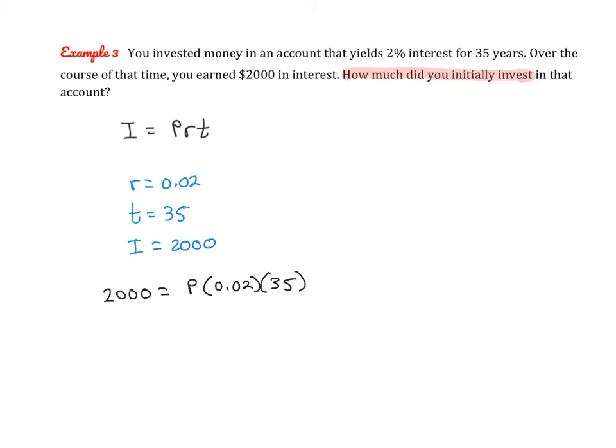So we can start by doing 0.02 times 35. So we get 2,000 equals 0.7 P. And then we can divide both sides by 0.7.